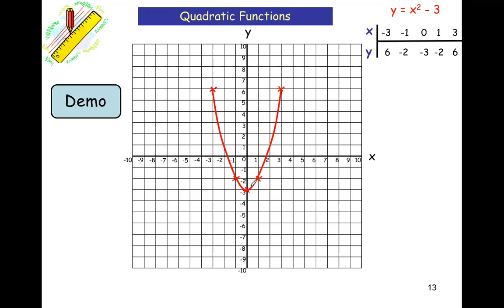And we have something else that we call a turning point. The turning point is where the line starts to turn back up. It's a minimum turning point, and it happens when x equals 0 in this case.